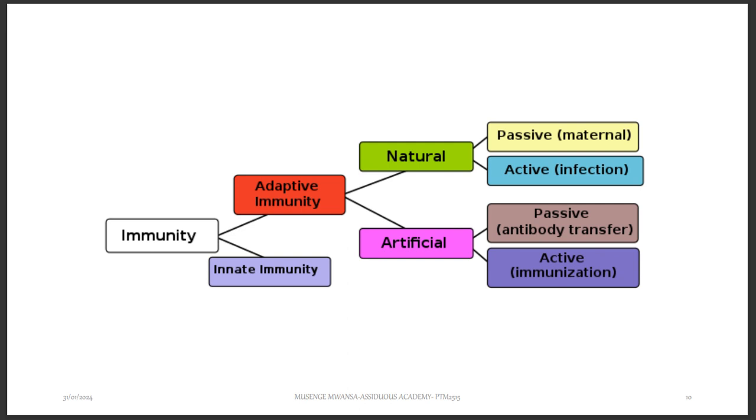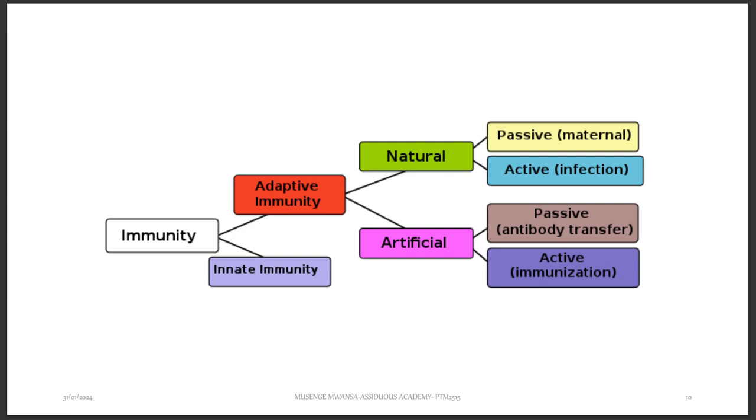Okay, and then now we have got artificial active. Active means that the body is involved in making. Artificial means that it is not happening by itself. Actually, man is somewhat involved. So for example, what will happen is a human being can get a dead virus, and we are going to inject that dead virus in you.